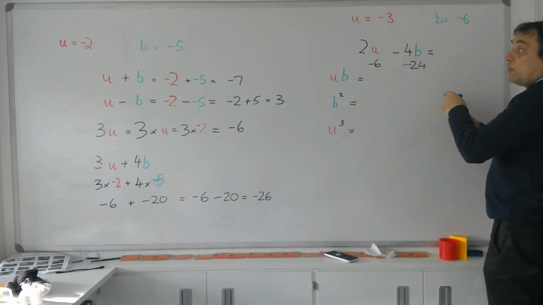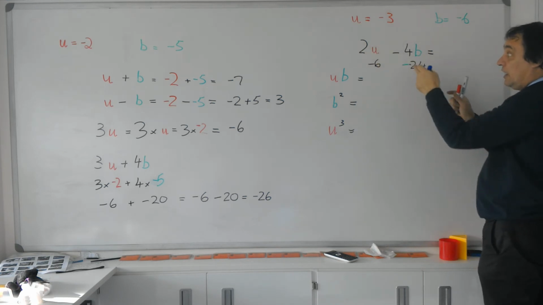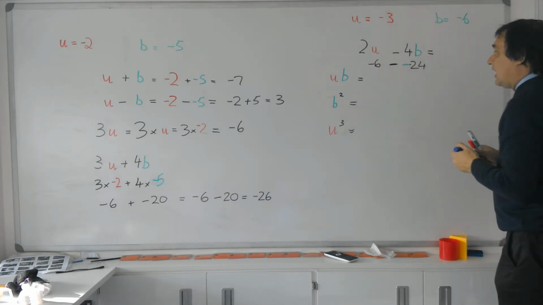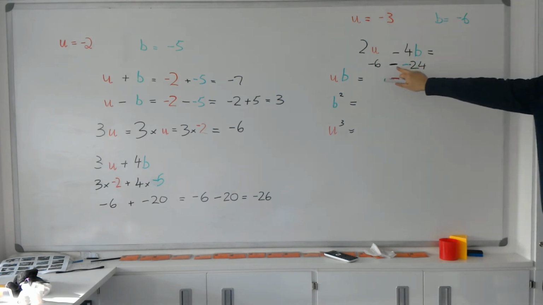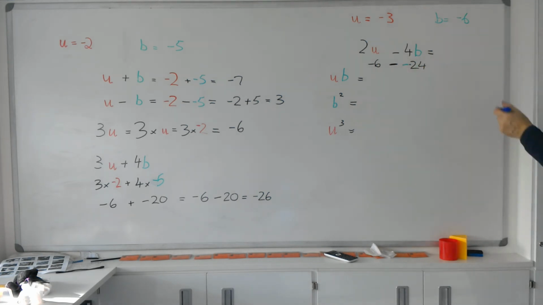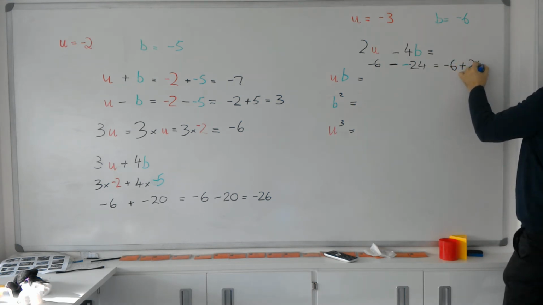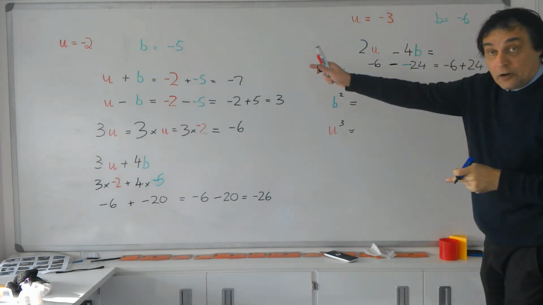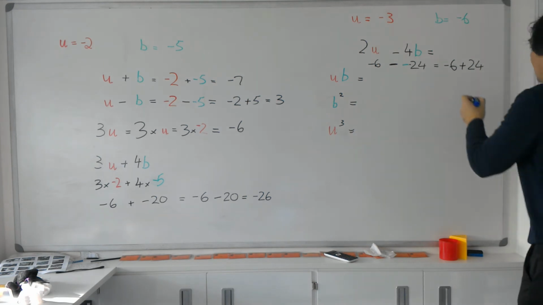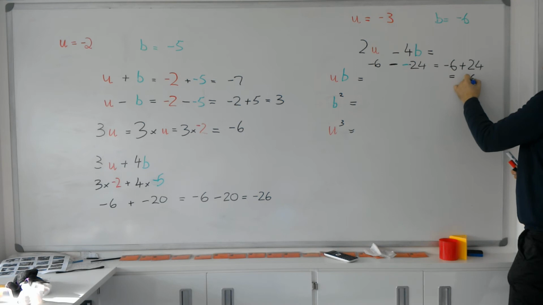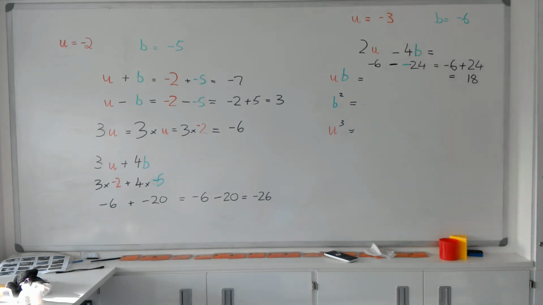Between the two terms we've got this minus sign. So we've got -6 minus -24, which gives us -6 plus 24. Remember these two minuses together combine to make a plus, to give us an answer of 18, because we're on -6 and we're adding 24 to it.